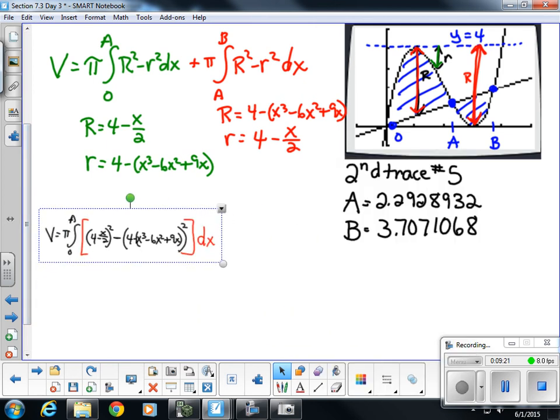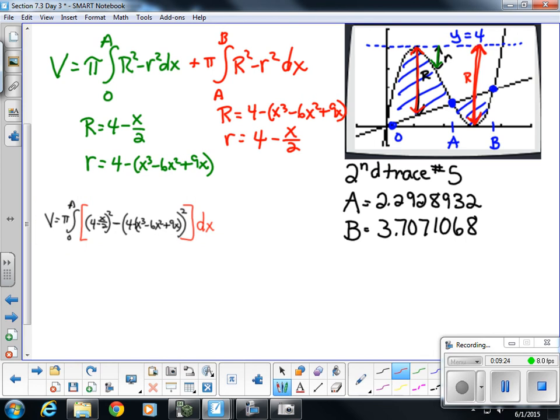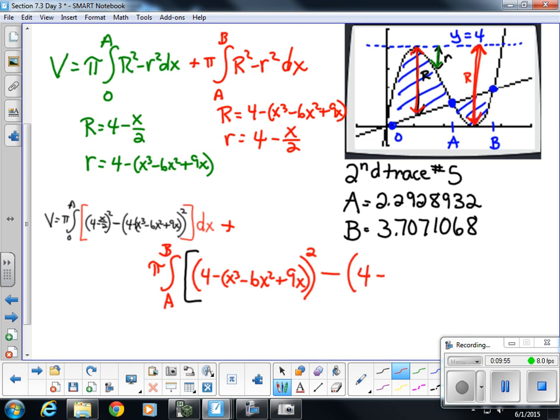Then we would add the second part of the area, which would be pi from A to B. So this time we have the cubic function on the bottom, so the big R is going from 4 minus x cubed, and we need to square that, subtract the little r in this equation, which is 4 minus x over 2 squared.